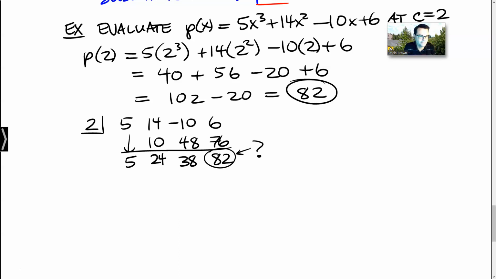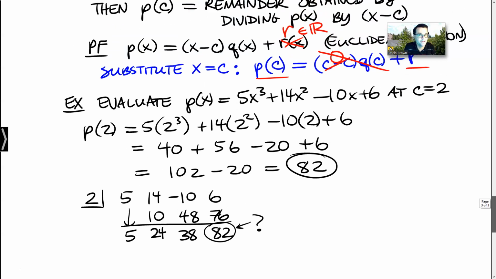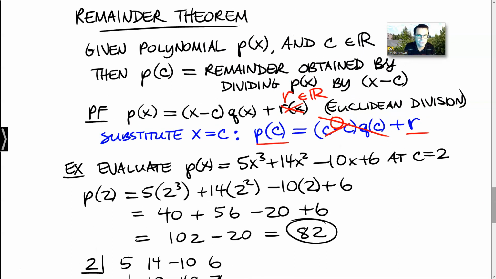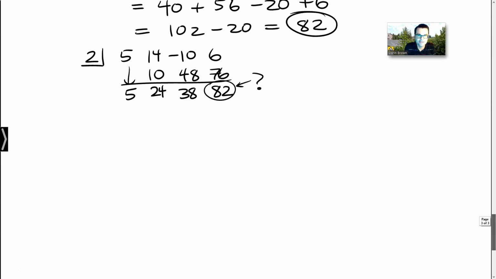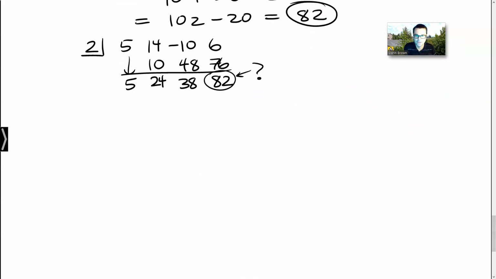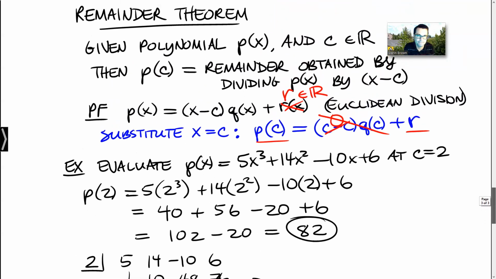And it's not just for evaluating polynomials. It leads to another result that's even more important. And that's called the factor theorem. So what does the factor theorem say? Look at what the remainder theorem says. And notice that in this statement here, what would it mean for x minus c to exactly divide?